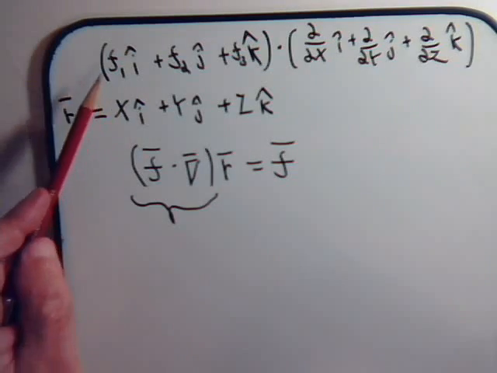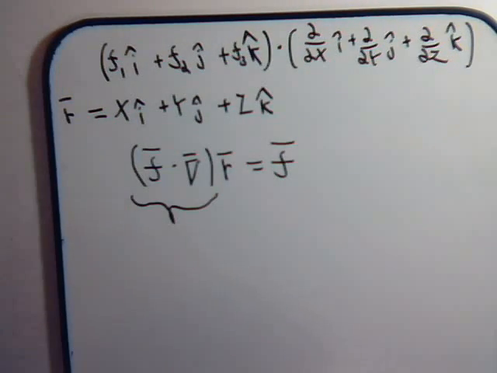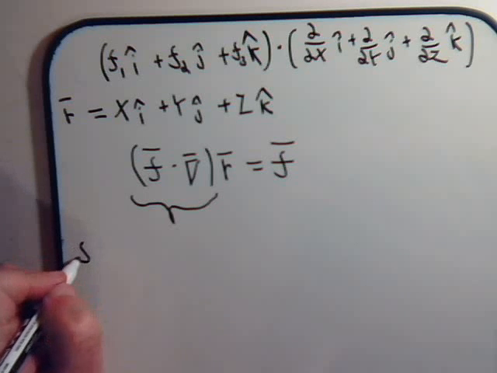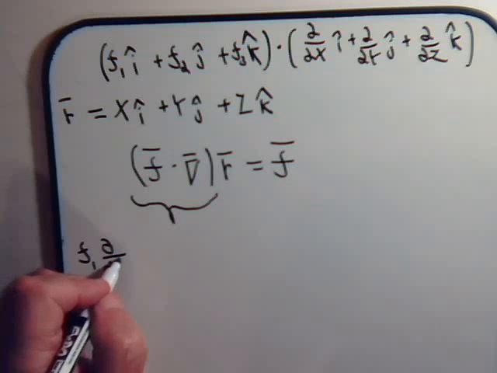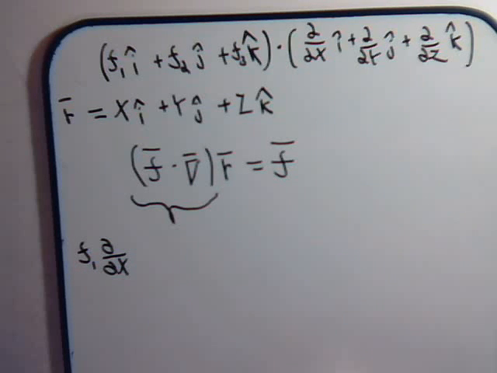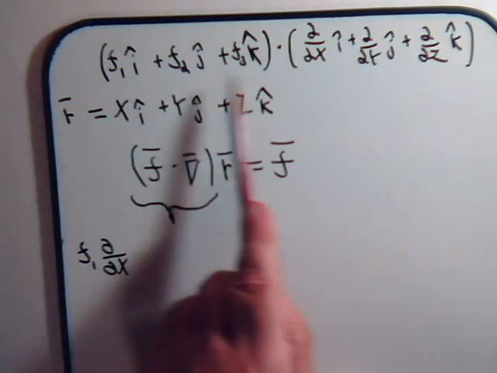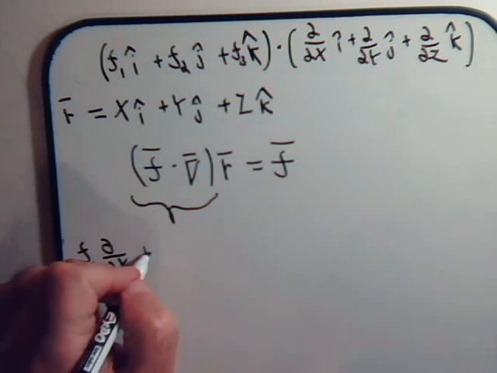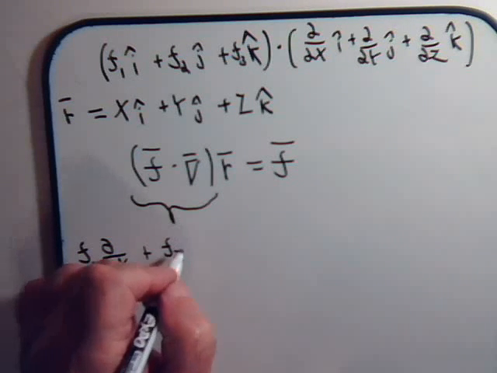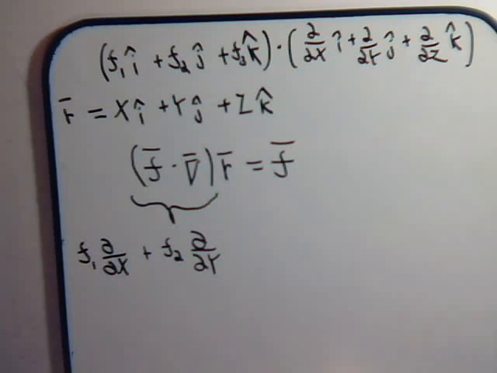So the first term is going to be F sub 1 times the partial with respect to x. Now we continue taking the dot product. j dot i is 0, j dot k is 0, j dot j is 1, so we're going to have plus F sub 2 times the partial with respect to y.